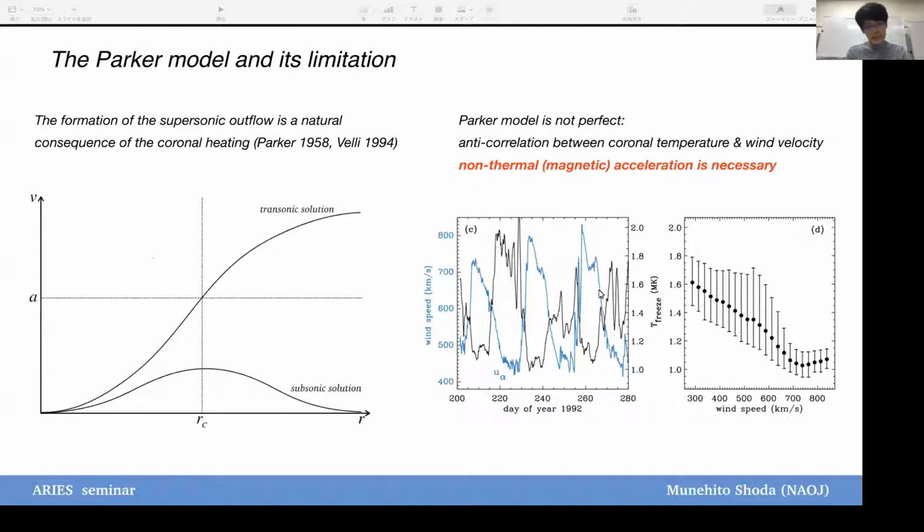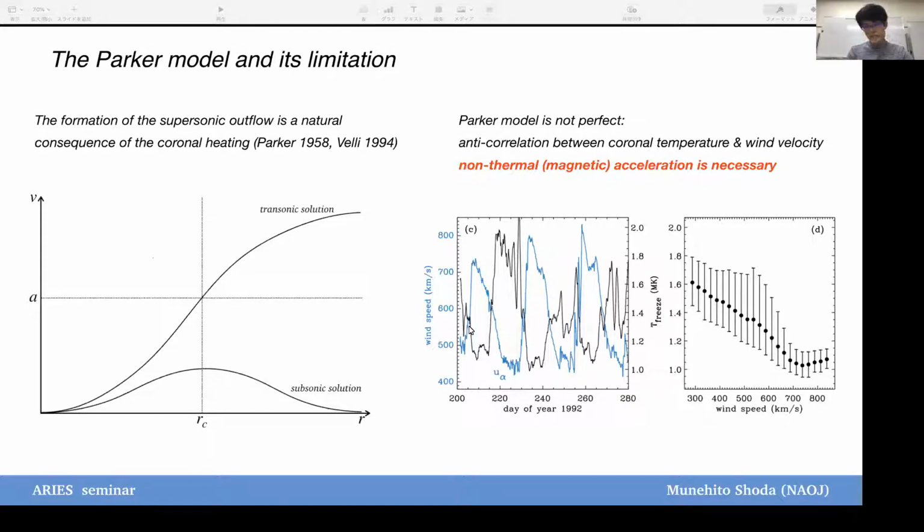More exactly speaking, this is an alpha particle outflow velocity, but you can regard it as solar wind velocity. And this black solid line shows the coronal temperature or the plasma freezing temperature. We can actually estimate the temperature of the source region by calculating the ionization state of the solar wind ions. And by using this method, we can estimate the coronal temperature.